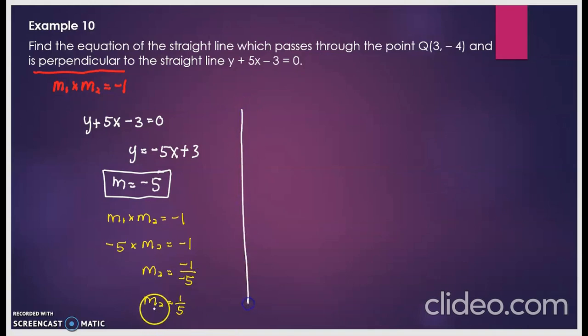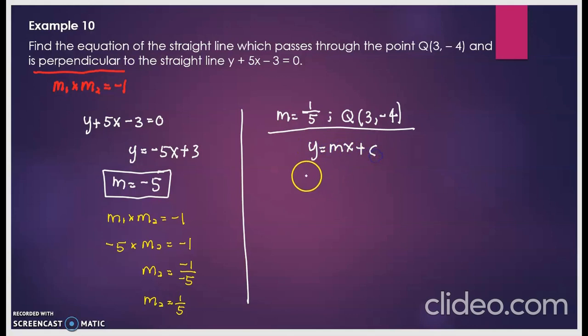Now we already have the gradient and the point. So m is equal to 1 over 5, and our point Q will be (3, -4). From here, y is equal to mx plus c, where y is negative 4, m is 1 over 5, and x is 3.